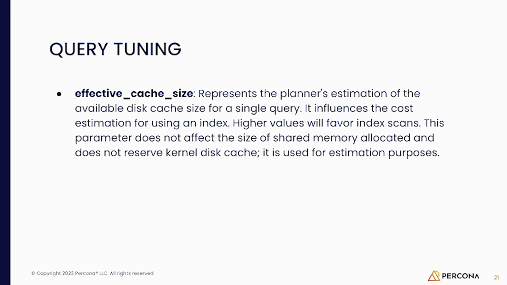The effective cache size is the amount of memory that we have in the file system cache, right? So the larger this number, the optimizer will think that we have more information in the file system cache. So the larger this number, the more prone to produce index scan execution plans. Okay.